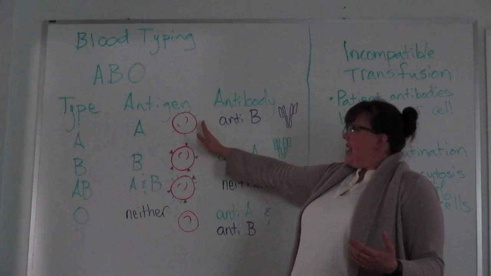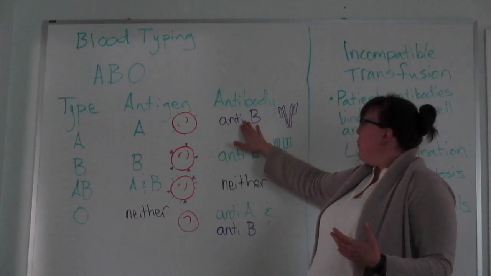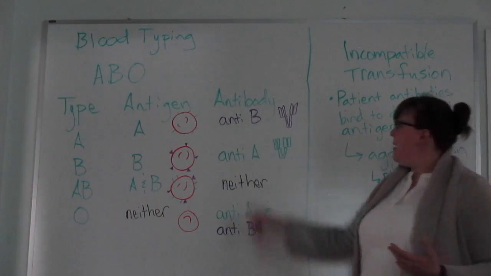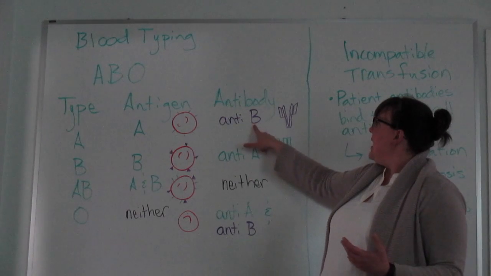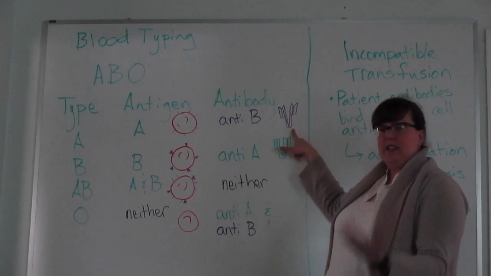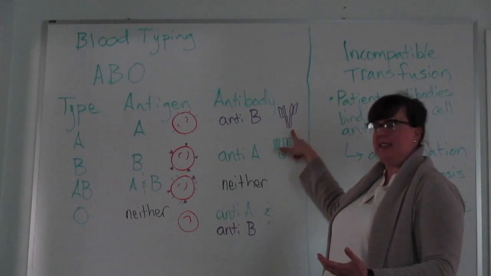And so that's what's found on the surface of the red blood cell, but then we also have to talk about what's found in the blood. So a person with type A blood will have anti-B antibodies circulating in the blood as a dissolved protein. It's an antibody. It's a protein that brings about immune responses.